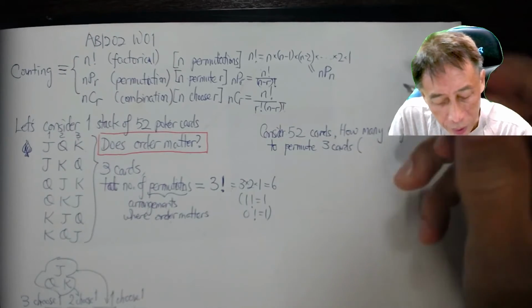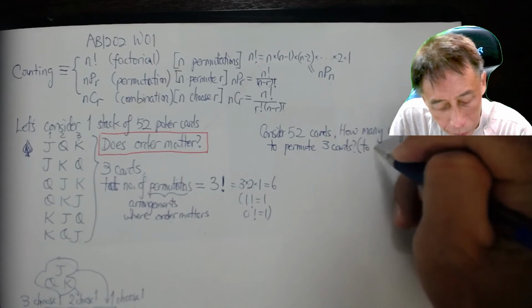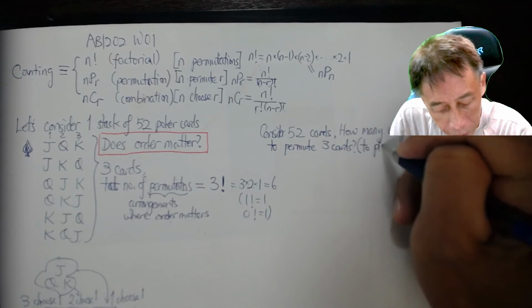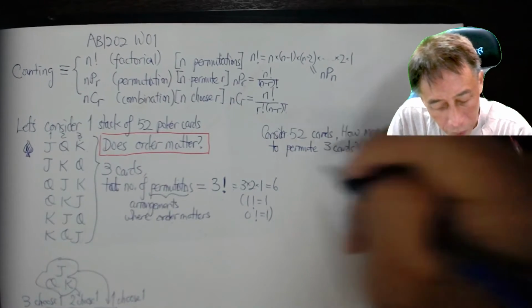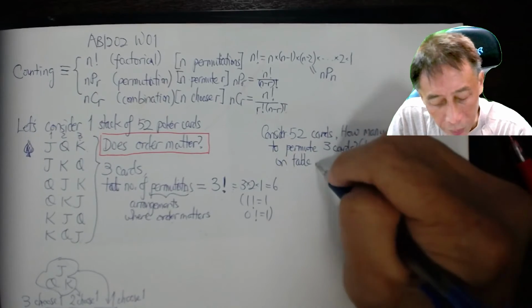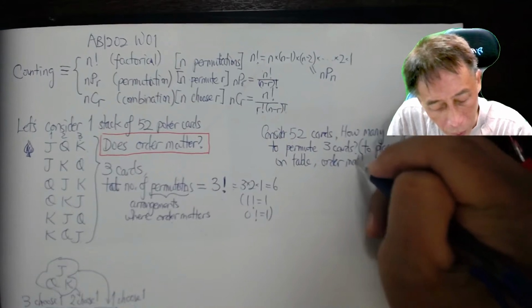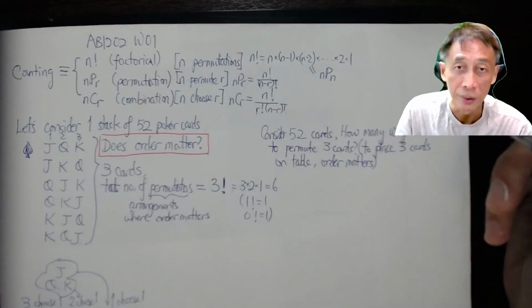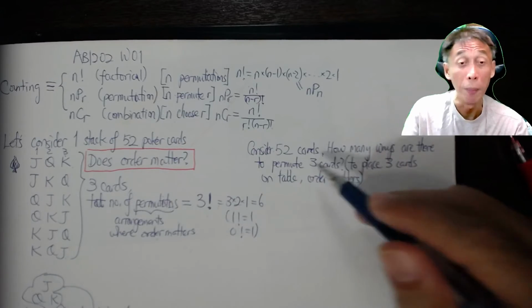Or another way to say it is, how many ways are there to place 3 cards on the table where order matters? That's a different way of interpreting this word permute.